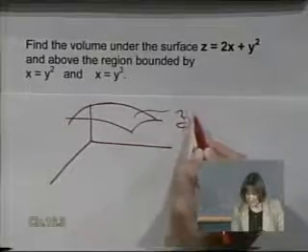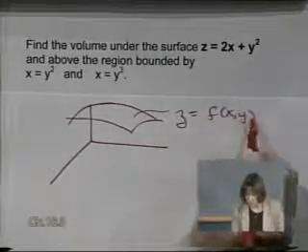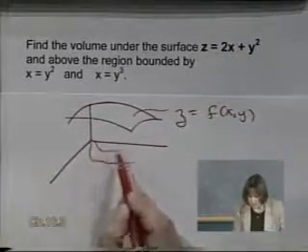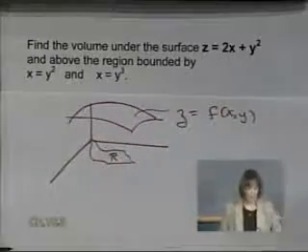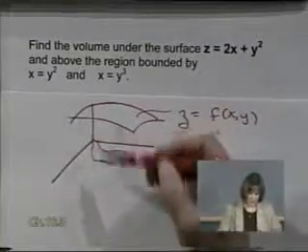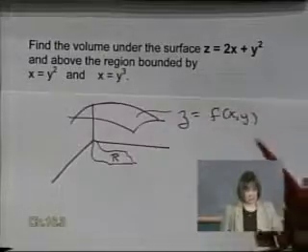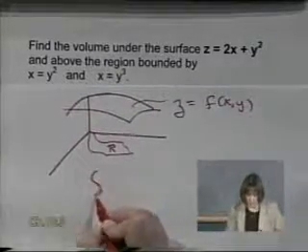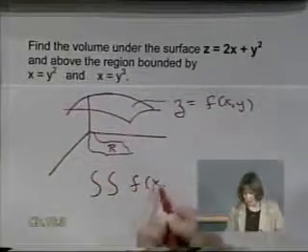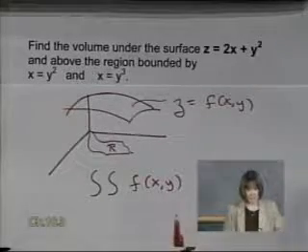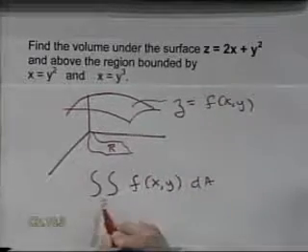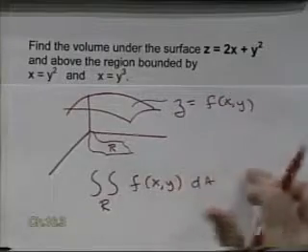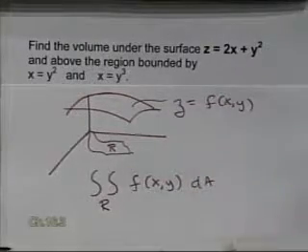And if this is z equals, let's say, f of xy, and there's some region down here, R, that I want to be my floor, and then I bring perpendiculars up to make some kind of cylinder, and we want to get the volume. Every single time, my volume is my rooftop times dA. And that dA could be dx dy, or it could be dy dx, every single time.